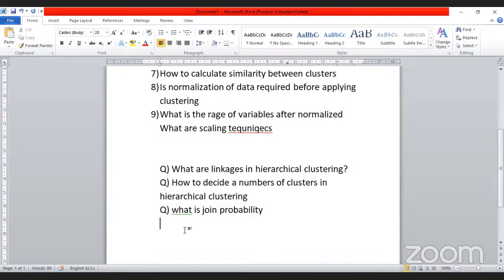That means we are concentrating on two events, the probability of two events occurring at the same time. This is an example of joint probability.